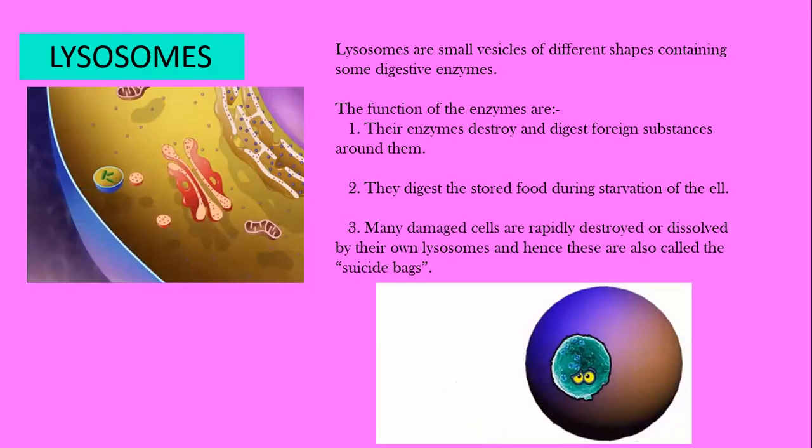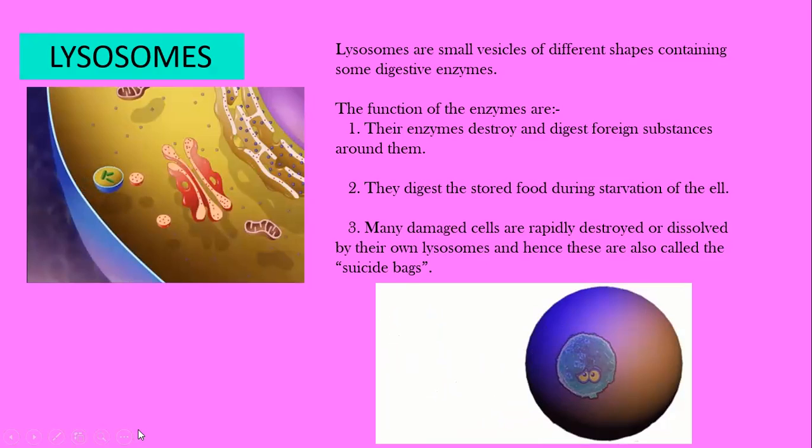See, there are a lot of damaged cells inside our body, okay? So we have to eliminate them out of the system. So how will that happen? They are rapidly destroyed. Suppose this greenish one is a cell which is not well, which is damaged or destroyed. So what it will do, it will go near the lysosome and it will try to kill itself, and hence it is said to be suicide.